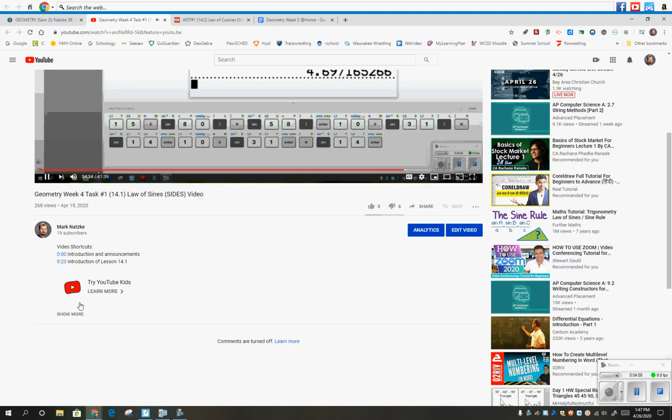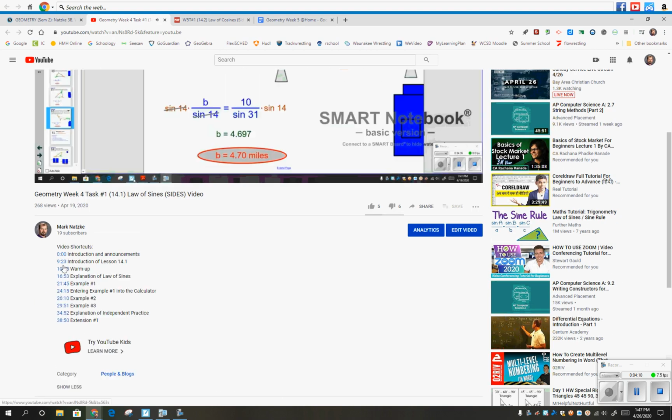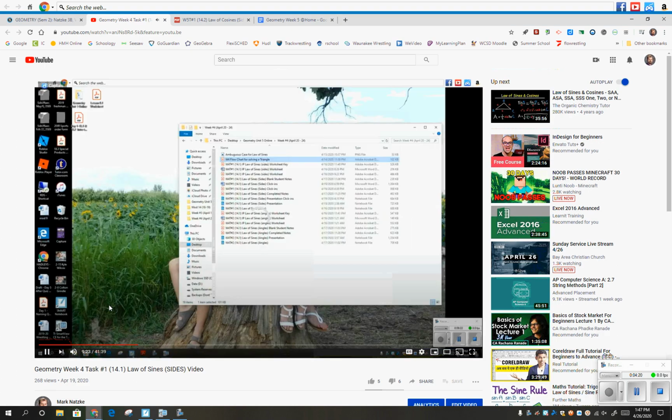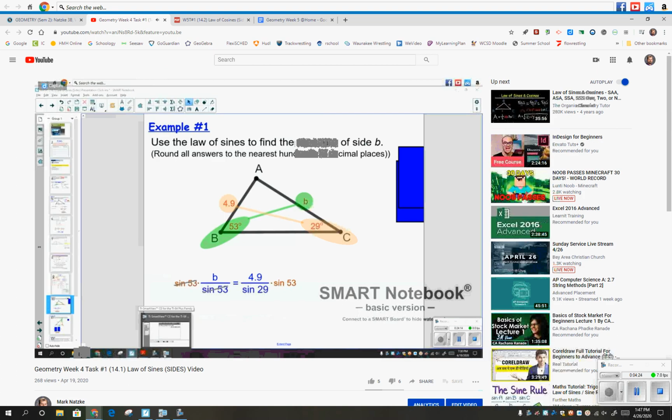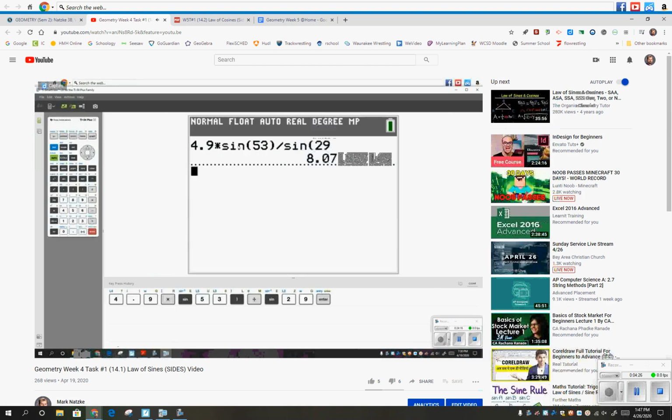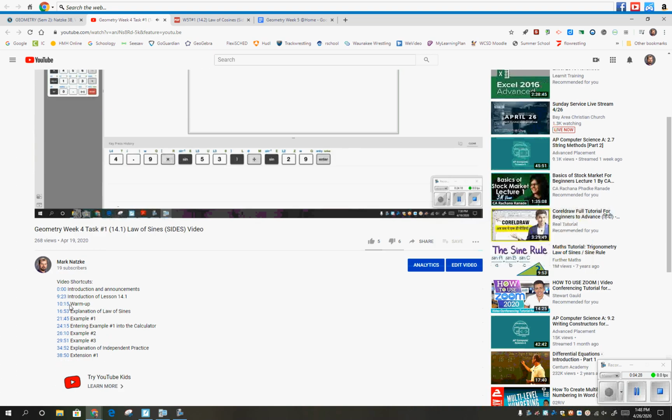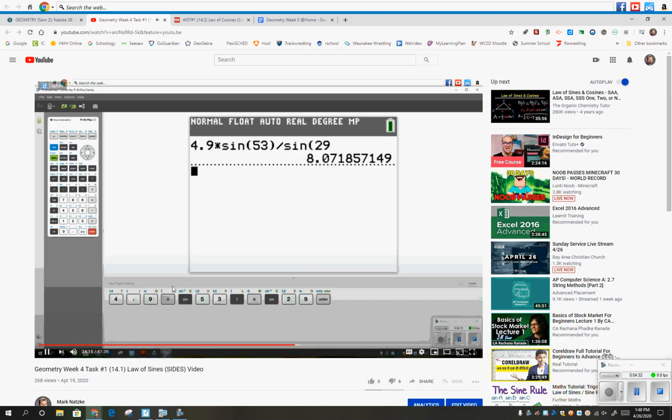If you click on show more, all these time frames will take you to the different spots in the video. So you can skip around, or if you need to come back to see something, you can. Pay attention to, especially, entering it into the calculator, how you should enter information in.